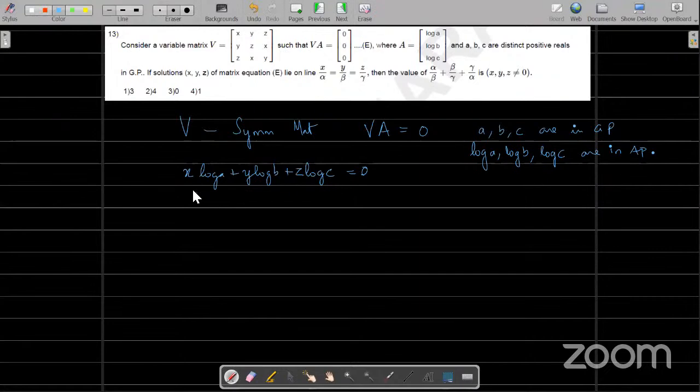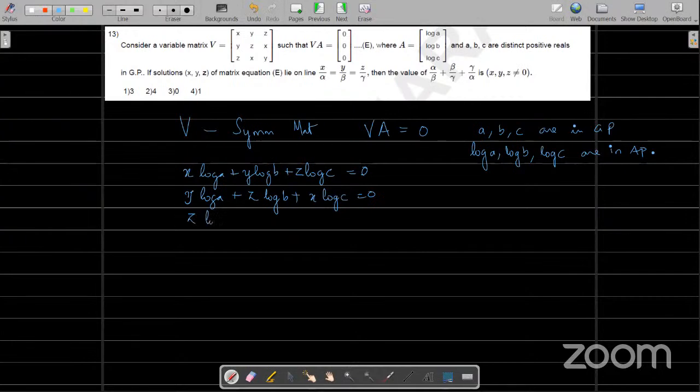Similarly, I get y log a plus z log b plus x log c equal to 0.